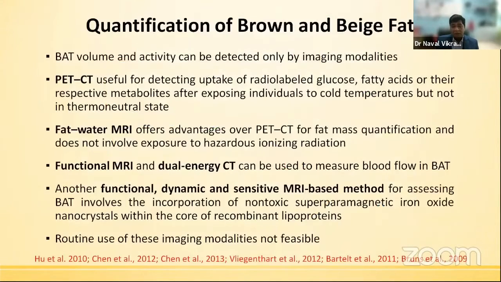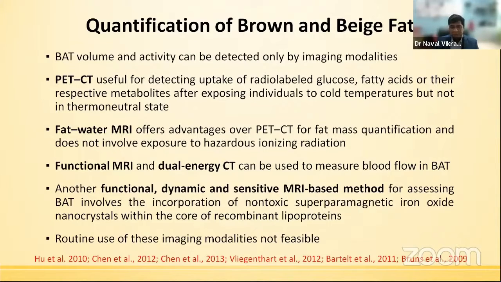Now, how do we find out the amount of brown and beige fat in the body? This is not easy. It's not as simple as finding out abdominal fat or the white adipose tissue. This can be detected only by imaging modalities, and not simple ones. The most commonly used earlier modality was the FDG-18 PET-CT.